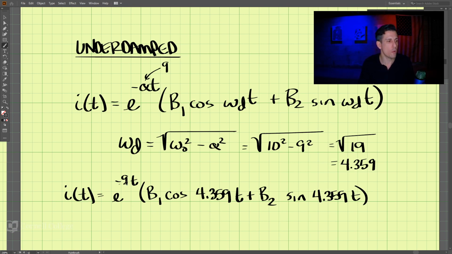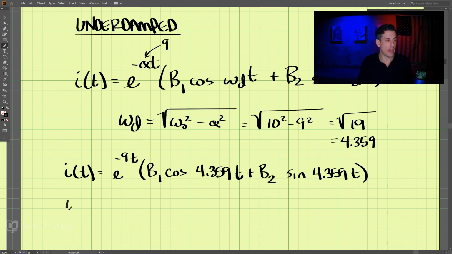All right, so we don't know what b1 and b2 are yet, so we need to solve for b1 and b2. We do know that i(0), remember from the very beginning of the problem, is 1 amp.